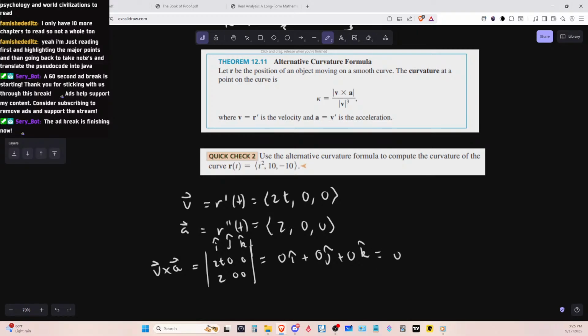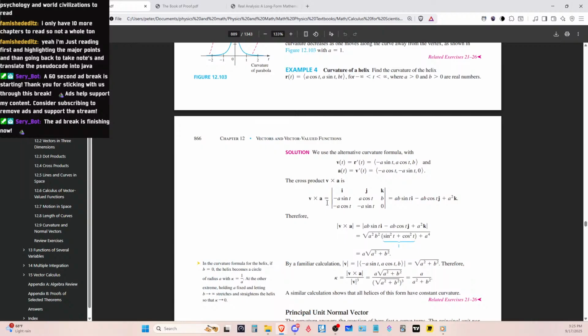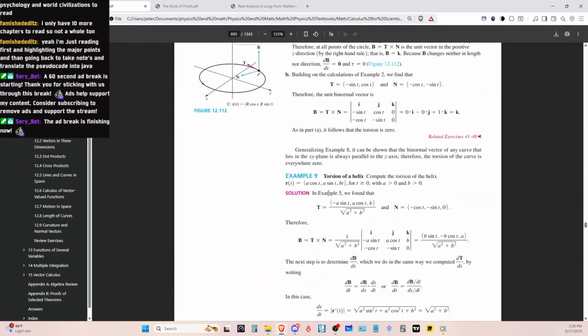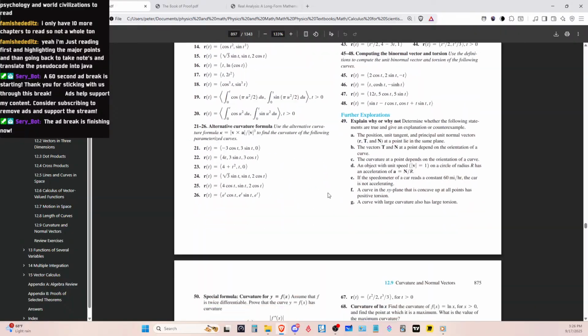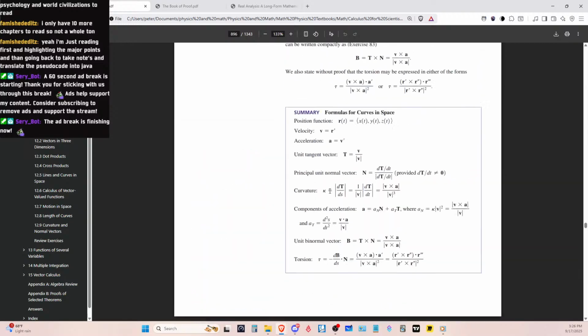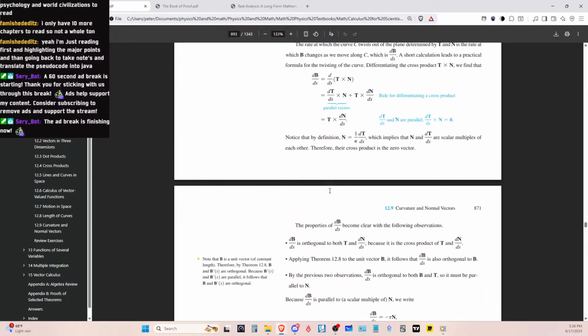So technically this is all 0. So we don't have any curvature in this. Yeah, we don't have any curvature. Okay.